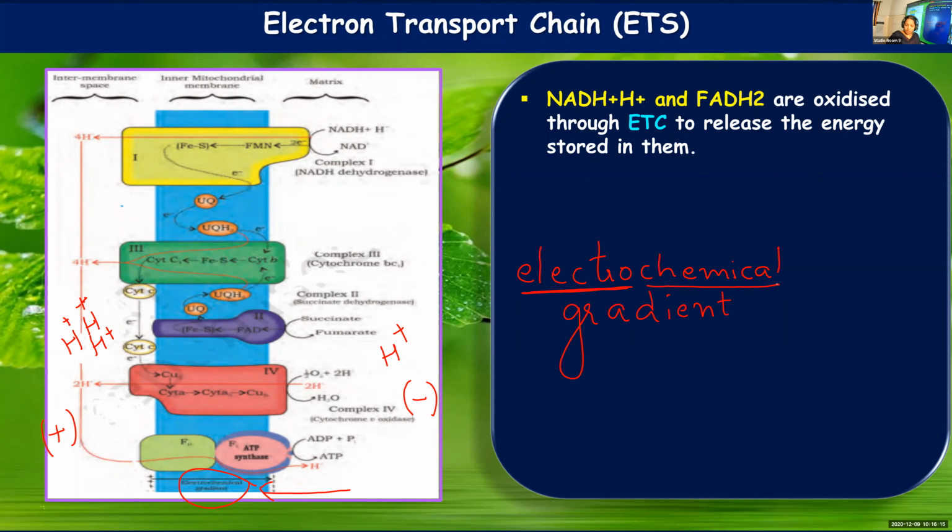If protons need to be transported back into the matrix, then we need a special proton carrier. And complex 5 is ATP synthase. With the help of ATP synthase, protons will be transferred back to the matrix from the intermembrane space.